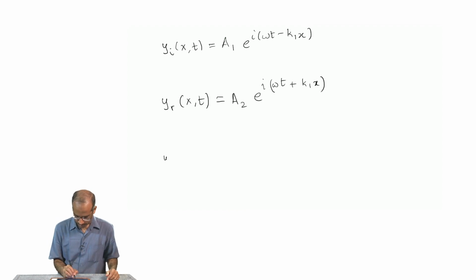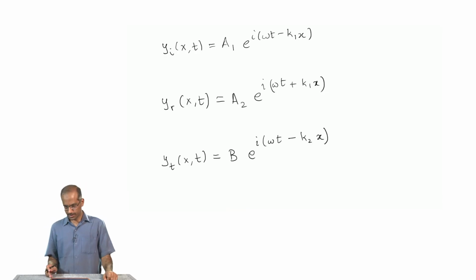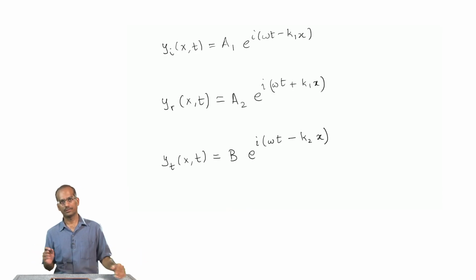Now, let me also write the solution for the transmitted wave, which will be, as usual, a function of position and time. You will notice that I have used the same value of omega for the incident, the reflected and the transmitted wave, but different values of wave number, k1 and k2: k1 for the first medium and k2 for the second medium.